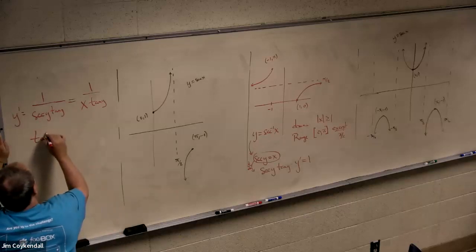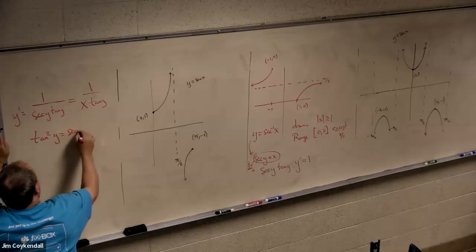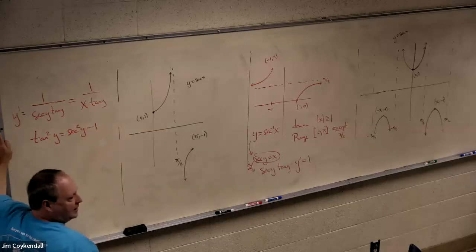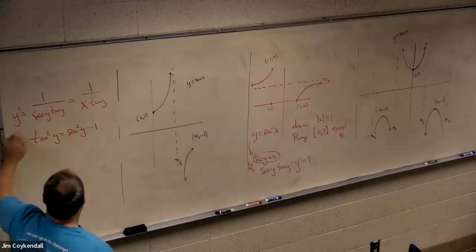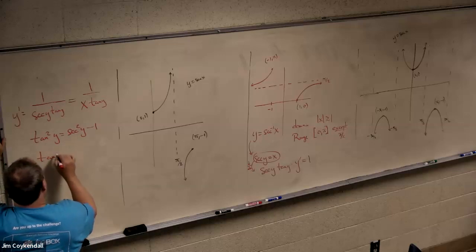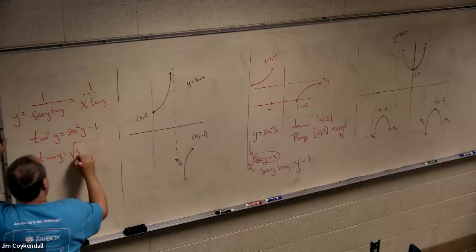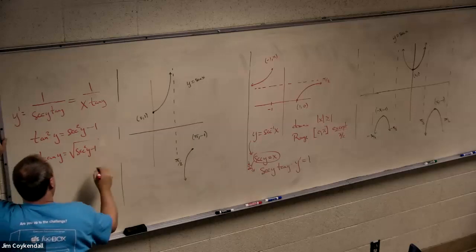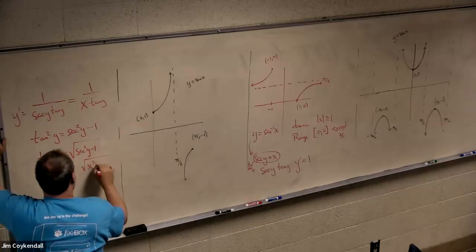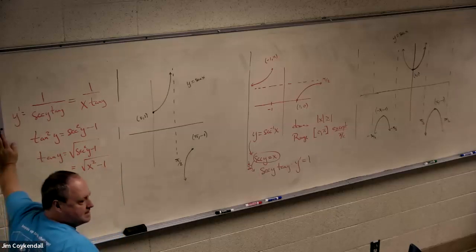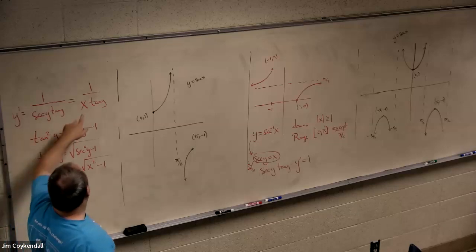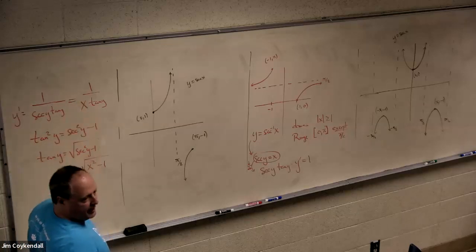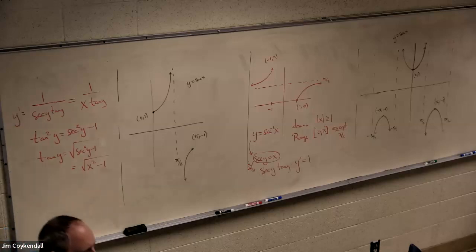Let's use that identity, tangent squared plus 1 equals secant squared. And I'm tempted to write 1 over x times the radical of x squared minus 1. That's not quite right. There's a subtle point.